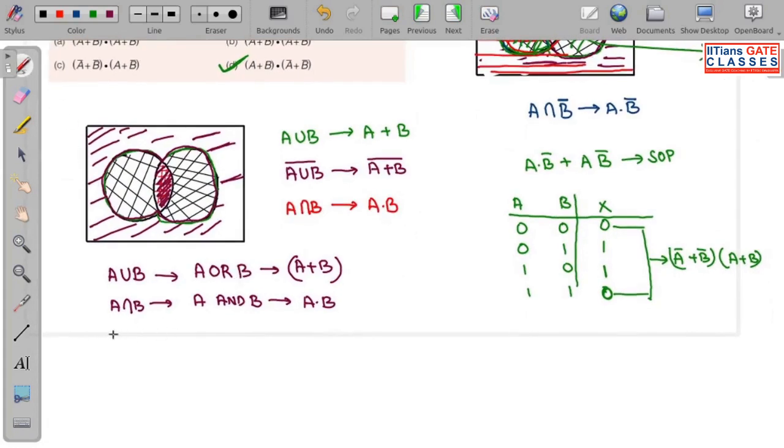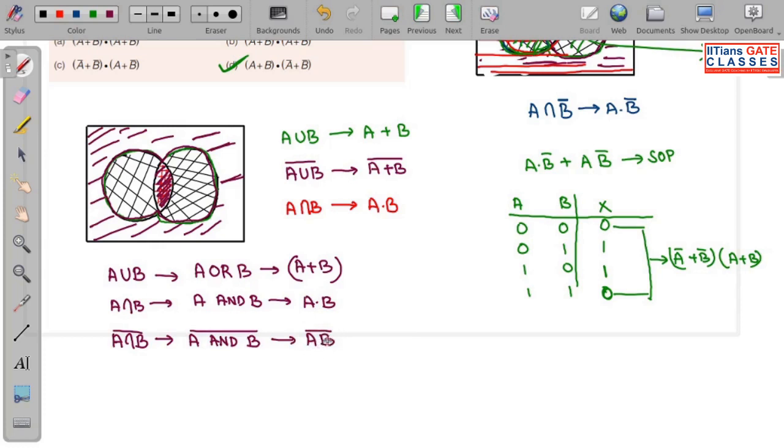Now tell me one thing, what will be the complement of A intersection B? What am I doing here? This is the NAND operation. This is A and B whole complement, which means (A B) complement. Now tell me which region is this one?